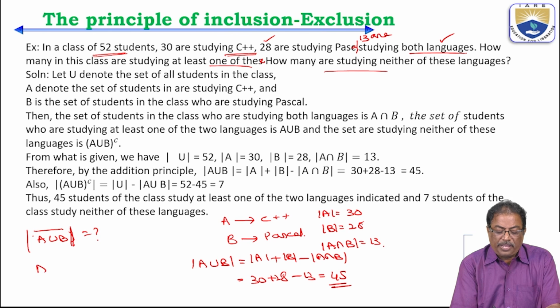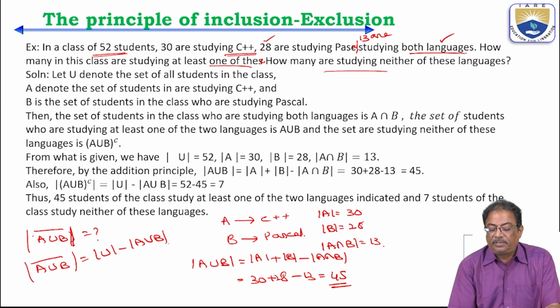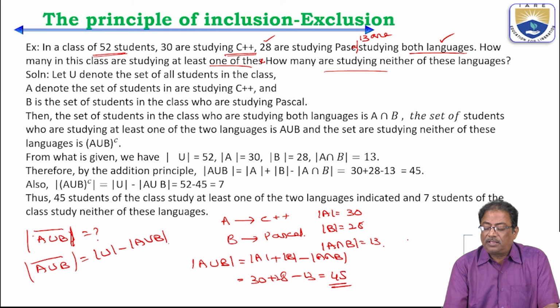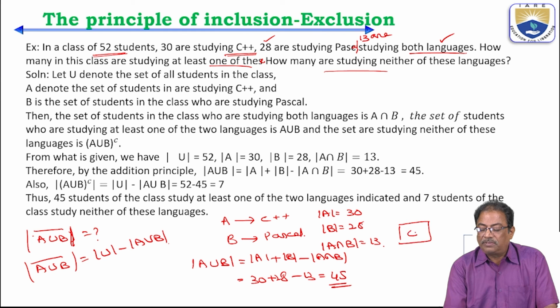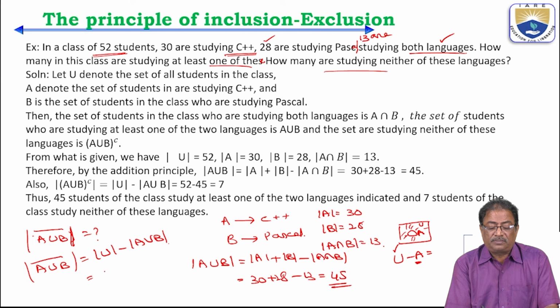Now A union B whole complement is nothing but the universal set minus A union B. The complement of A is U minus A, the set of all elements which are members in the universal set but not in A. So here the total number of students is 52 minus the cardinality of A union B, which is 45.